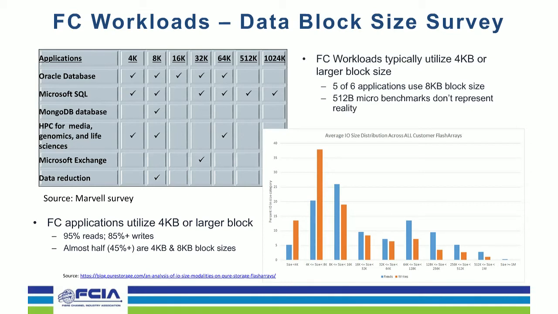And my apologies, once again, the chart is a little hard to read, but the different block sizes all the way from 4K onwards are plotted on the chart, and the bars indicate what percentage of IOs were that, and the colors then indicate reads versus writes.